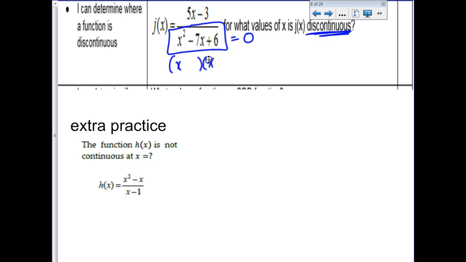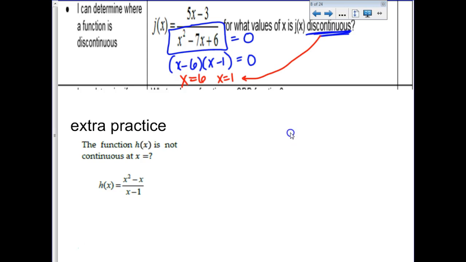I'm going to go with factoring. And that factors pretty nicely, doesn't it? X minus 1 times x minus 6. So when you solve your factors, it turns out x equals 6 would produce a discontinuity, and x equals 1 would produce a discontinuity. So it says, for what values is it discontinuous? Both of those values right there.